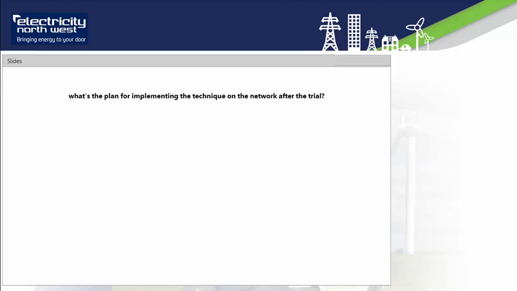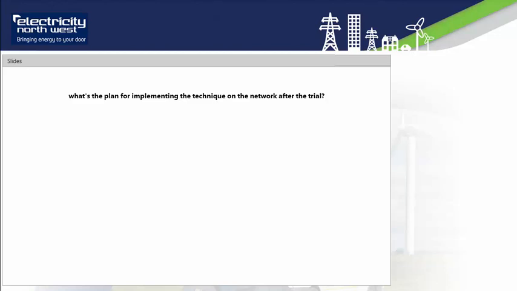I personally, as project manager, have been contacted by a number of different people, particularly on new connections, looking to use IS limiters and also adaptive protection. So there is definitely a market out there, but we need to prove the techniques are safe, what the cost benefit is for each of the techniques and where it can be employed, and use it as a toolbox, using each different technique at each different connection point.